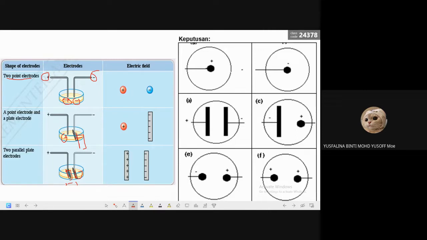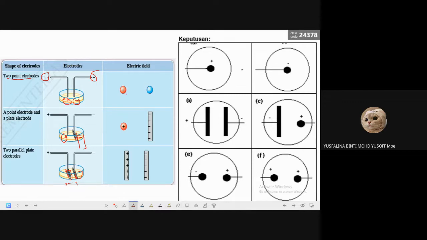Okay, so you already know that for positive, the direction of the field is going out, while the negative is going inside the charge, right? So it has to be positive goes to negative. So you have to draw the lines, positive to negative.